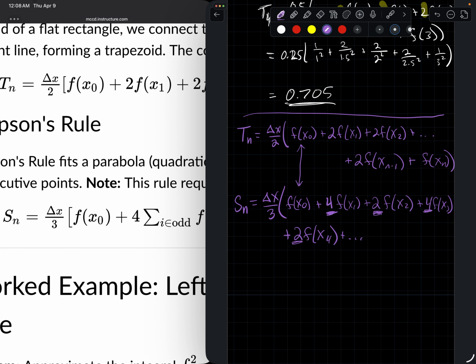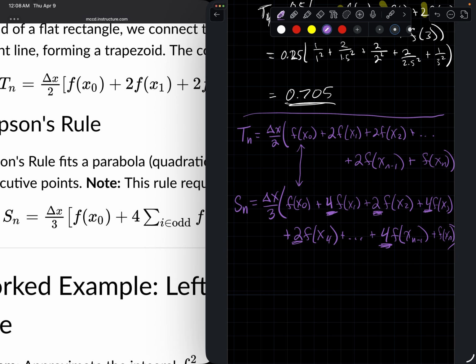You do that all the way till you're getting almost to the end, but when you do get to the end, you need to make sure that the pattern works out to end with a 4, and that would be your f of x n minus 1, and then finally you finish with f of x n. So I'm out of space, but that's where it ends.